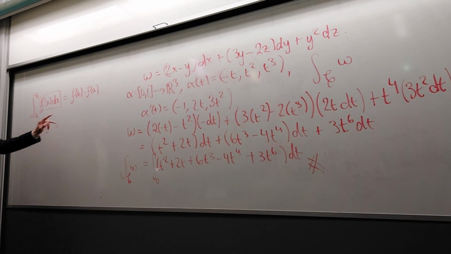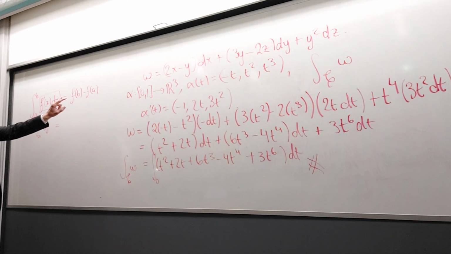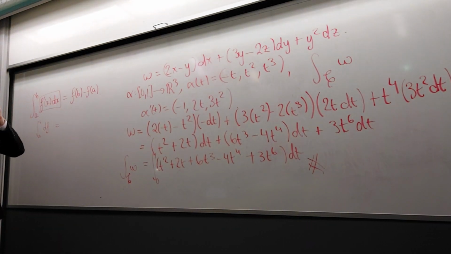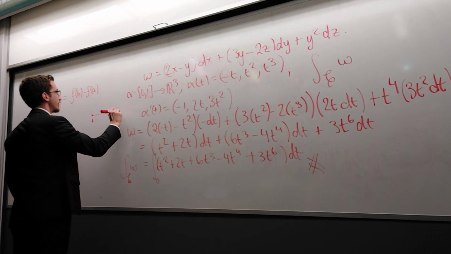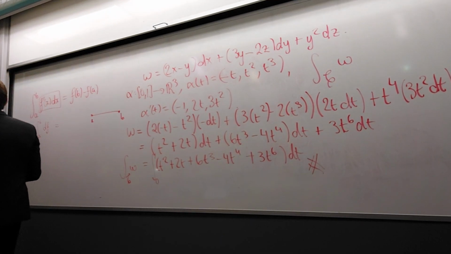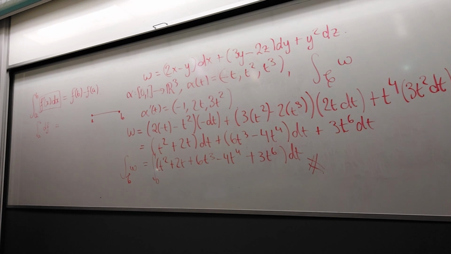But what I can do is think of the endpoints as the boundary of the interval. So if I take a to b, then the boundary consists of just the points a and b, right?